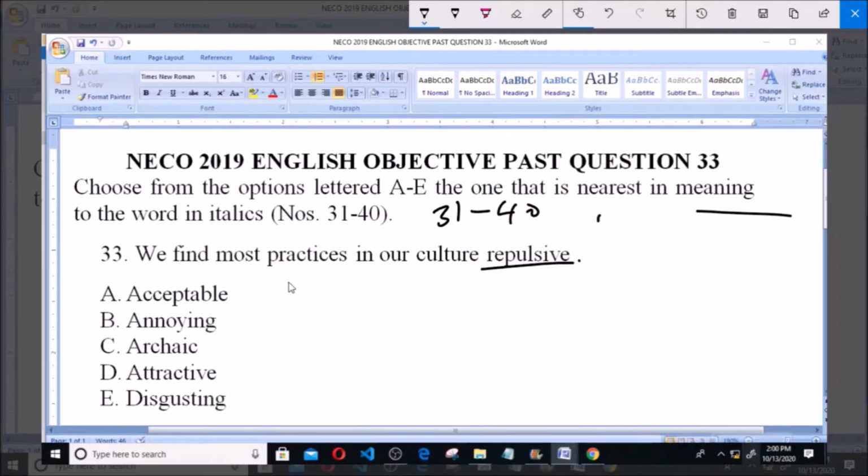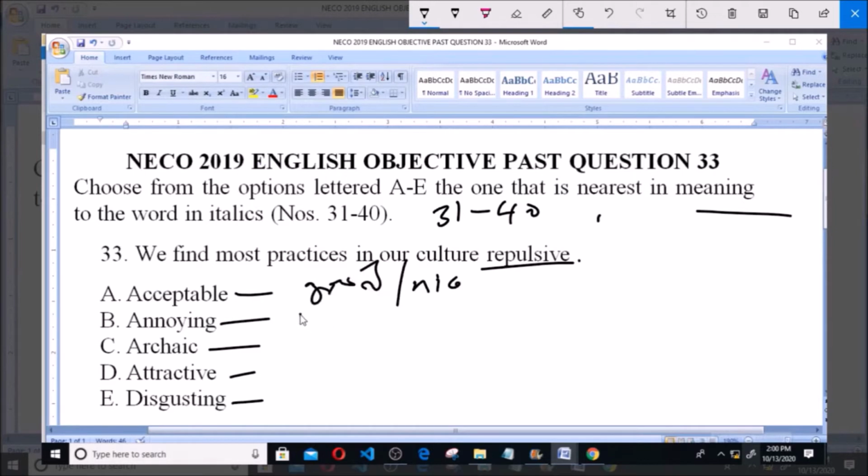We find most practices in our culture repulsive. Option A says acceptable. Option B says annoying. C says archaic. D says attractive. E says disgusting. Acceptable. When something is acceptable, it means that it is good, it is nice.